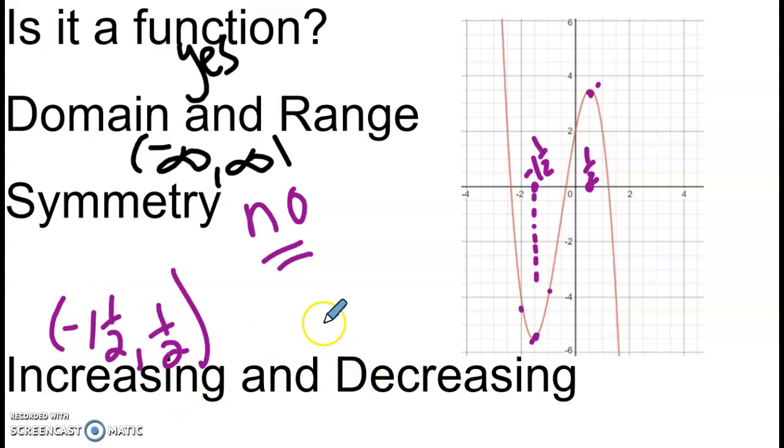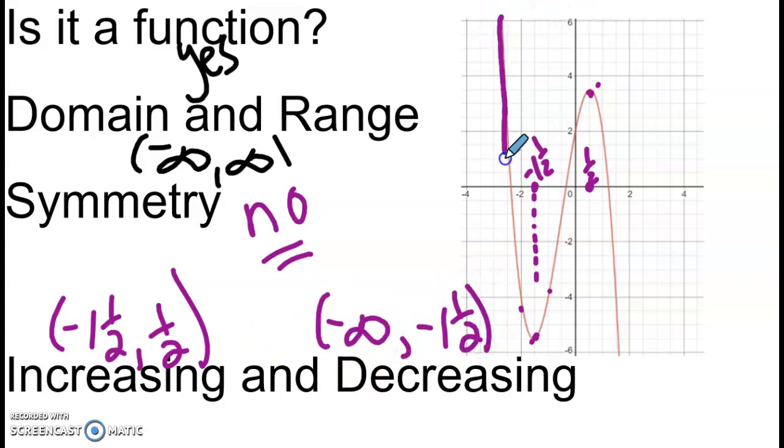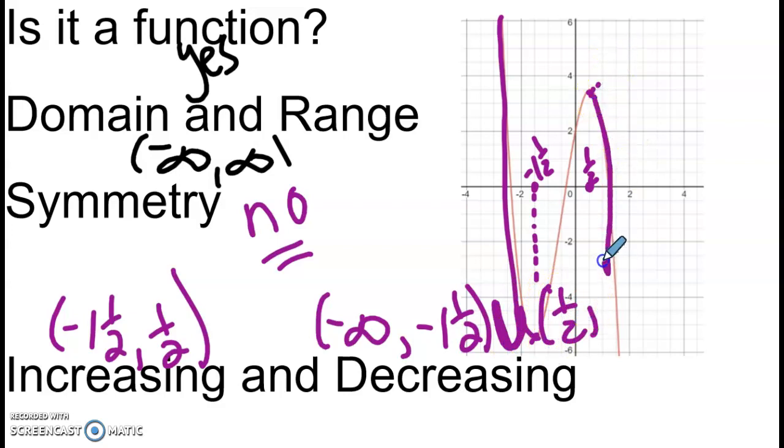Where I'm decreasing was from -infinity until I hit -1.5. Okay, I'm decreasing, decreasing, decreasing. And then I'm decreasing again from the time x, so in union with, from the time x is 1/2 to infinity. I know it looks like I'm going to -infinity. That's on the y-axis. I'm talking about the x-axis.